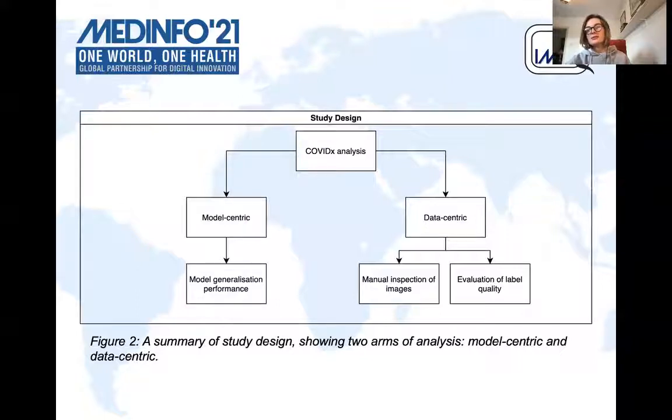In the data-centric portion of the study, we assess the provenance and origins of each image, and we put particular focus on images sourced from the RSNA dataset, which makes up the majority of the COVID-X dataset.